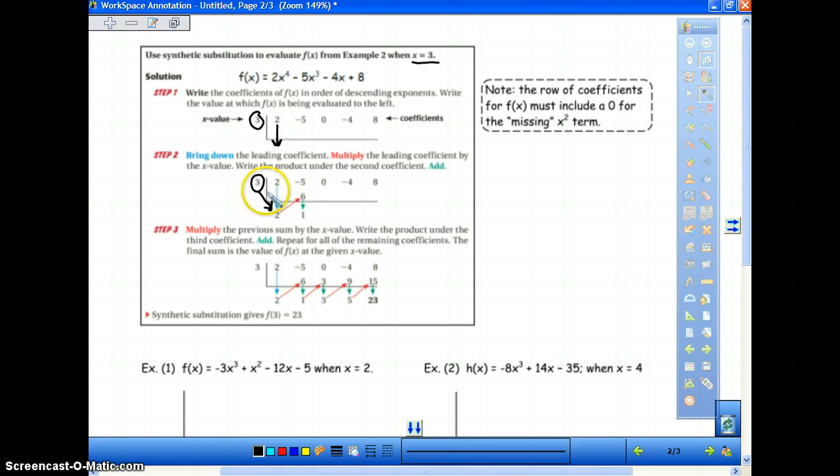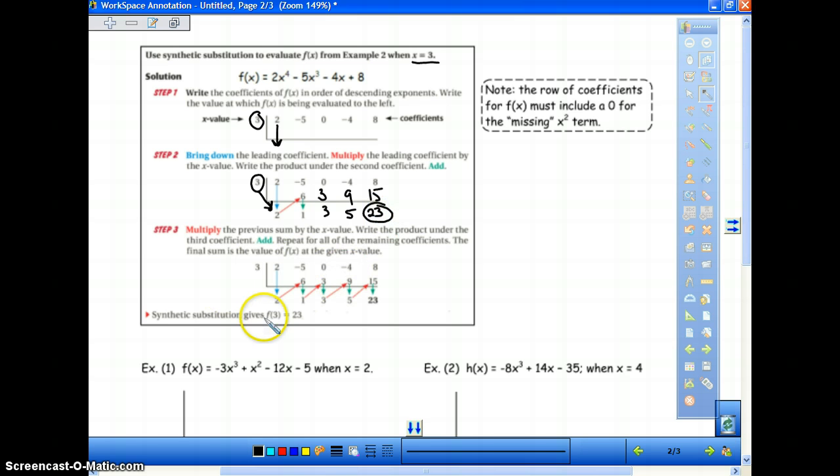And then we just continue the process. 3 times 1 is 3. 0 plus 3 is 3. 3 times 3 is 9. -4 plus 9 is 5. 3 times 5 is 15. 8 plus 15 is 23. Therefore, our answer when we evaluate is going to be 23.